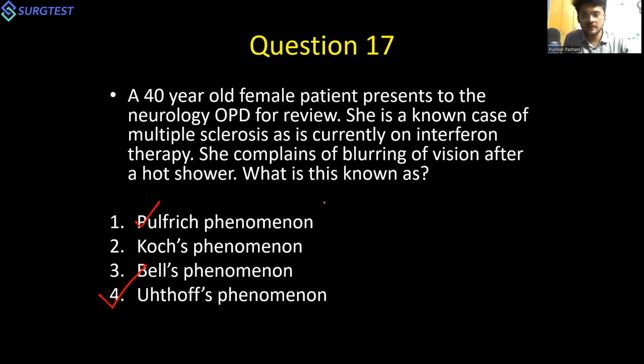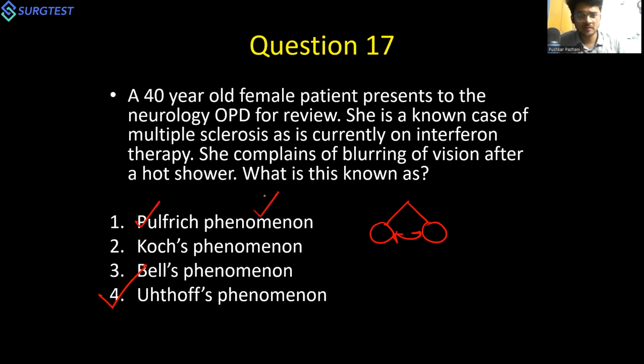Normally when we see a pendulum, we perceive the movements in a two-dimensional view. But in a patient with optic neuritis and multiple sclerosis, with this Pulfrich phenomenon, the depth perception is totally distorted, and the patient may actually visualize the pendulum going in a circular pattern. This is just nice to know.